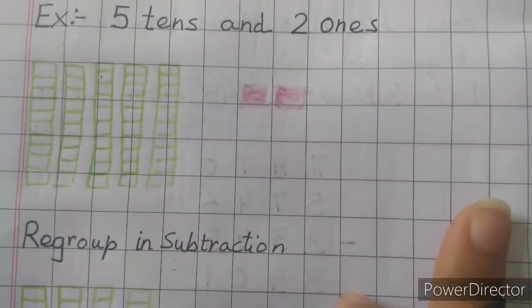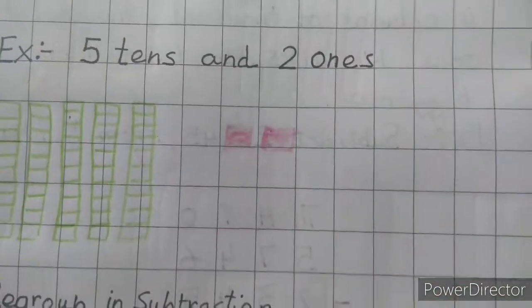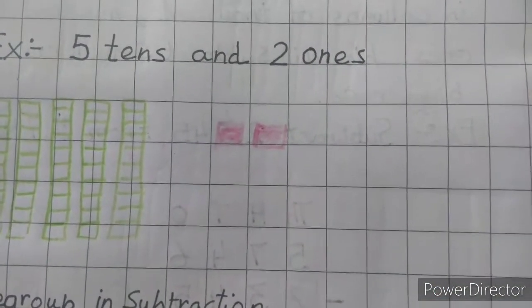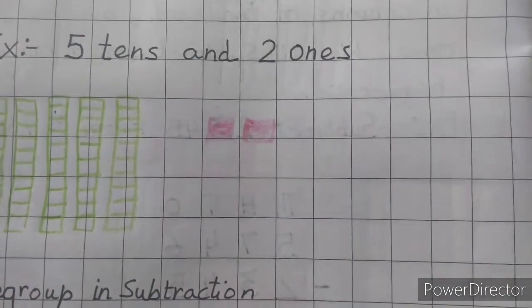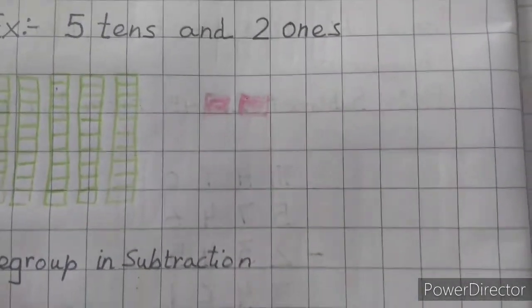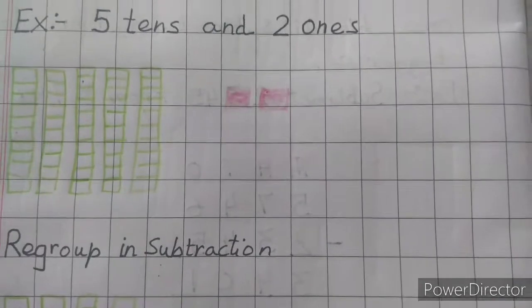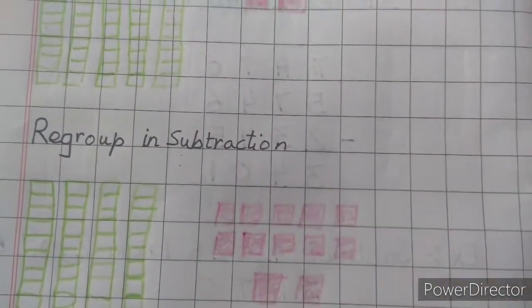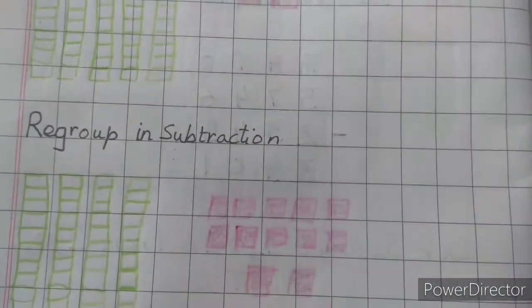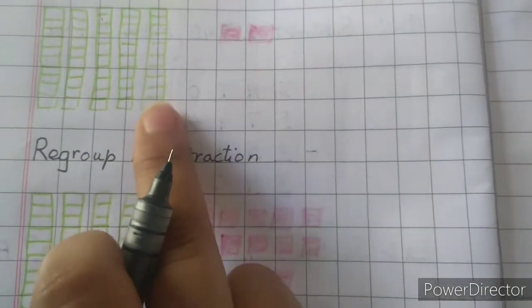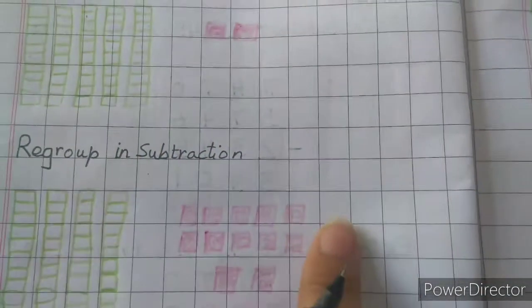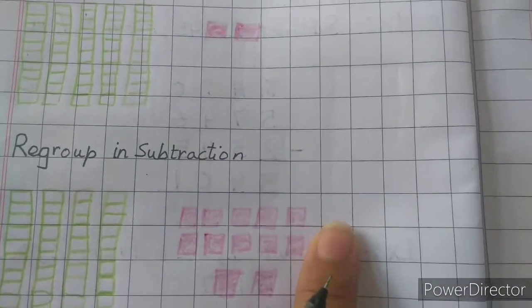So what will I do? 1 ten will be given to ones. That means ones is borrowing from tens.